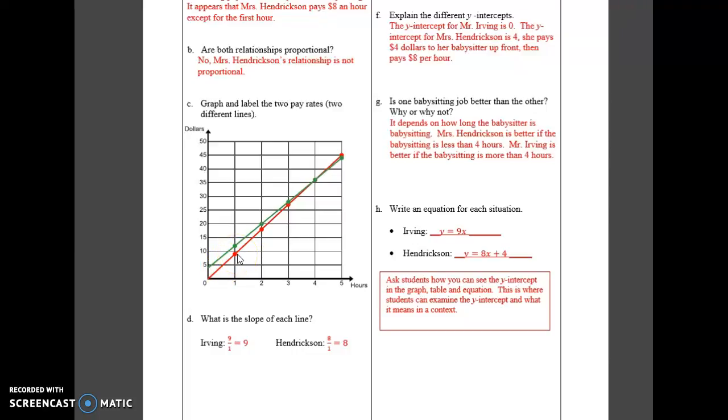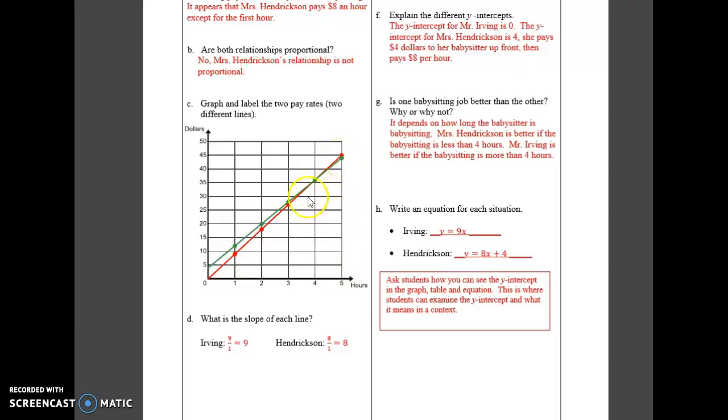He was at 1, 9, 2, 18, 3, 27, 4, 36, 5, 45. Mrs. Hendrickson, she was at $4 here, so 0, 4, 1, 12, 2, 20, 3, 28, 4, 36, and 5, 44.